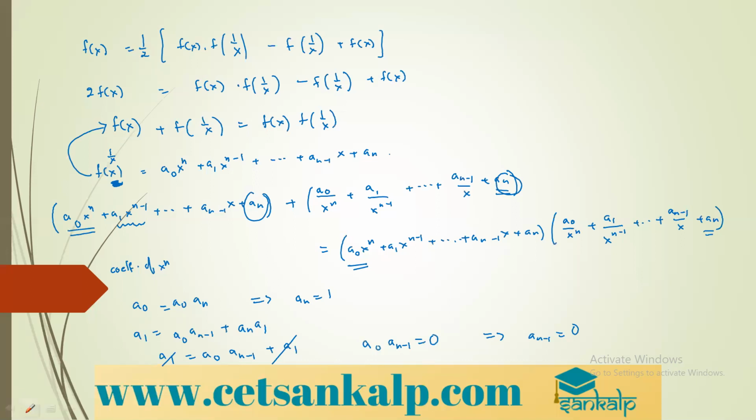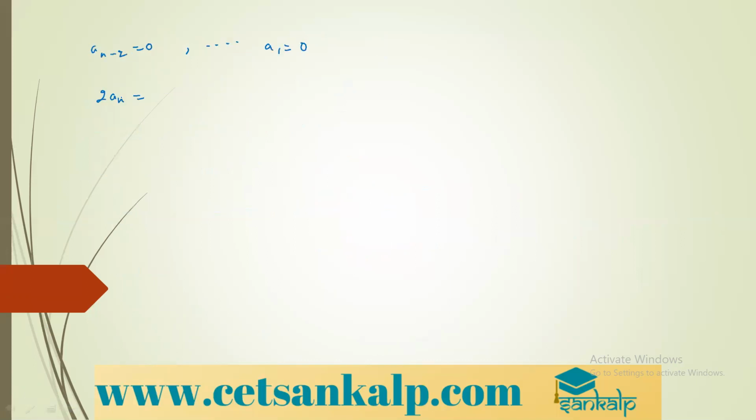On the right side, what are the constant terms? an square, a0 square, a1 square, a2 square, and so on up to an square.